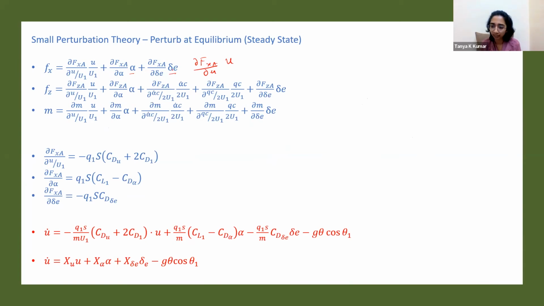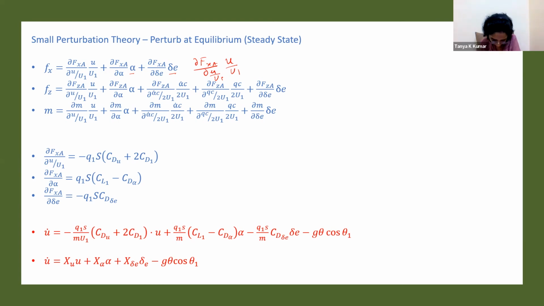To non-dimensionalize the term, we are dividing it by u1, and similarly the derivative is divided by u1. Somebody has asked this question in the forum: why are we dividing it by u1? It's not something that's defined; we are defining it, taking it such that the entire thing becomes non-dimensional.